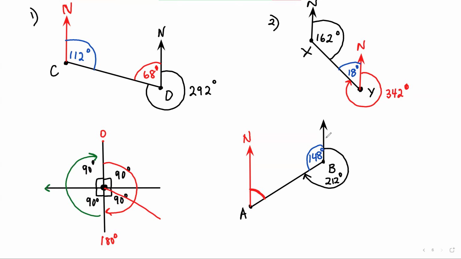And then that angle of 148 degrees plus the bearing would be 180 degrees. So 180 take away 148 is 32 degrees. That means my bearing of B from A, which is here, will be 32 degrees.